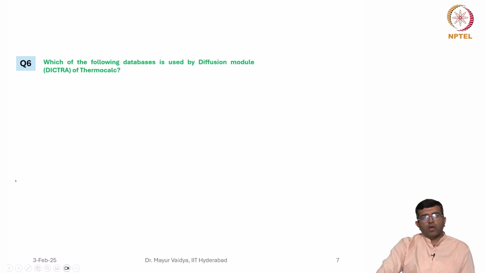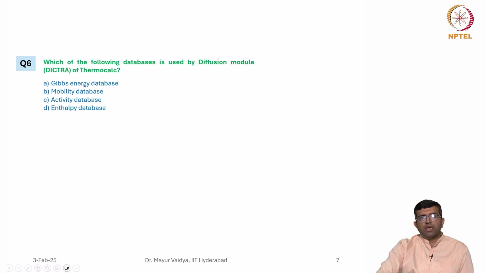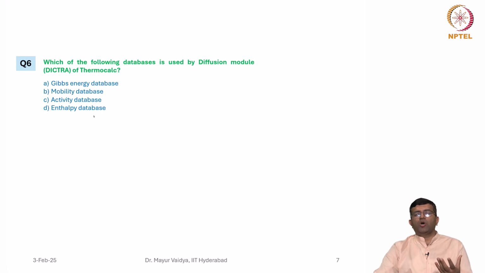Moving ahead, question number 6: which of the following databases is used by the diffusion module DICTRA of Thermo-Calc? Gibbs energy database, mobility database, activity database, or enthalpy database. In the diffusion module, the purpose is to perform kinetic simulations. Just in the last video we saw the examples of carburization and the moving boundary problem.